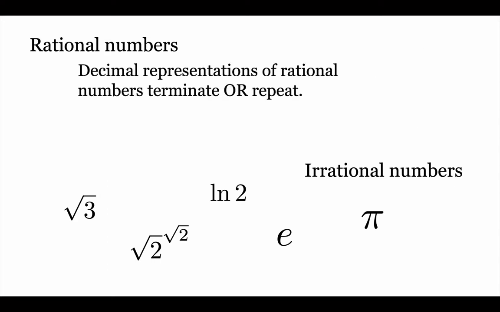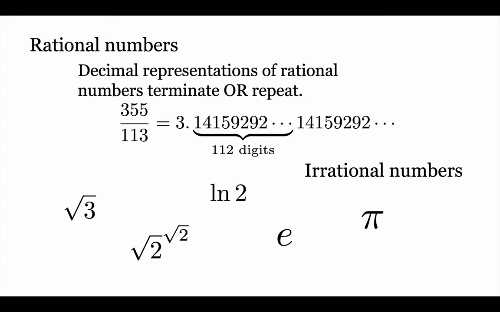You may have learned that rational numbers, when you look at their decimal representations, either terminate or repeat. 6/11 is a repeating decimal. 355 over 113 is also a repeating decimal that has 112 digits that repeat before we start to see it again.